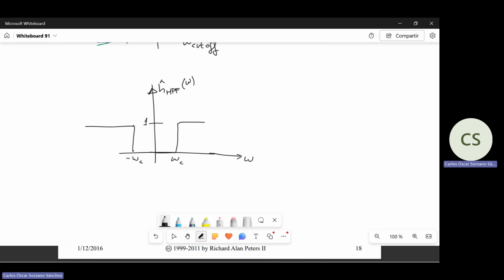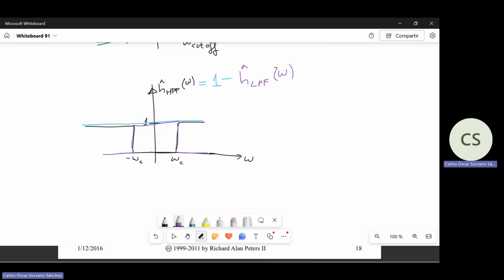But I can write it this way. So what if I do 1 minus this one, but it's a low pass filter. Do you agree with that? So I can compute the high pass filter in Fourier space. So it is a constant minus a low pass filter.